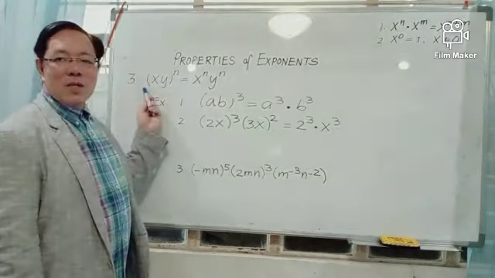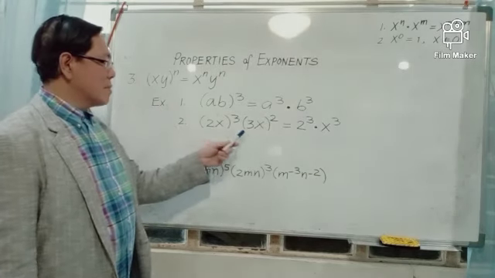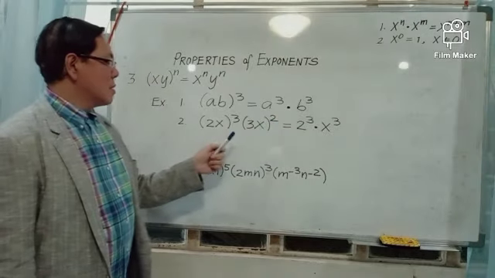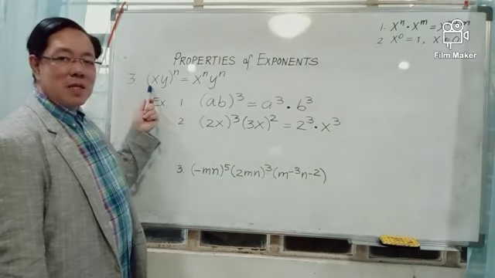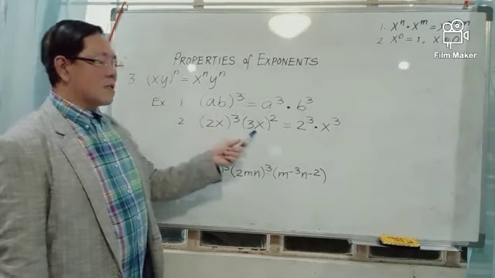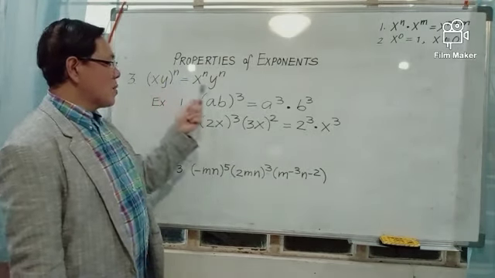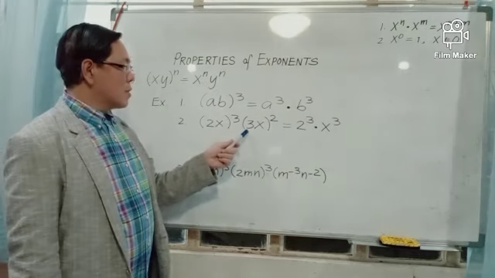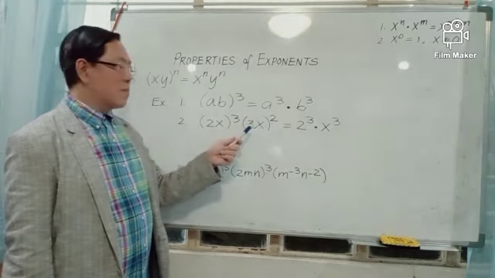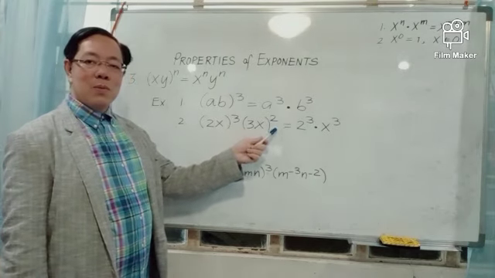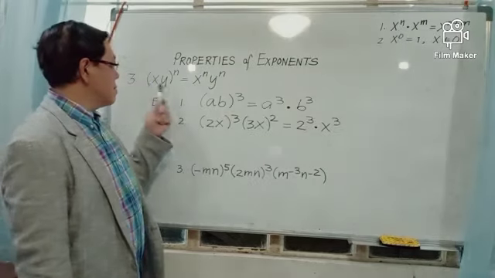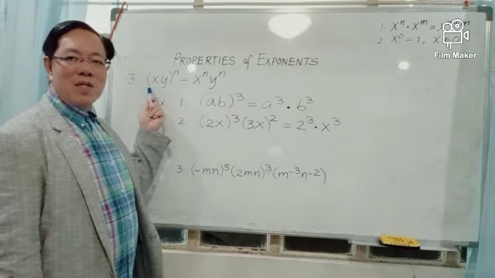Again, we apply the third property of exponents to simplify 3x to the power 2. In our property number 3, x is 3, your y is x, and the exponent n is 2. To raise the product 3x to the power 2, raise 3 to 2 and x to 2 and multiply by the third property of exponent.